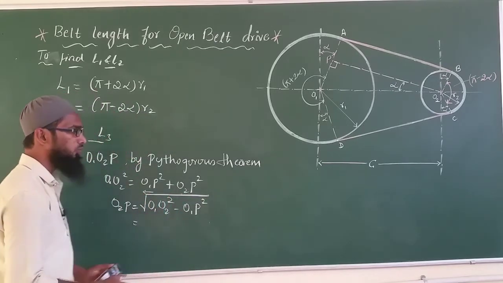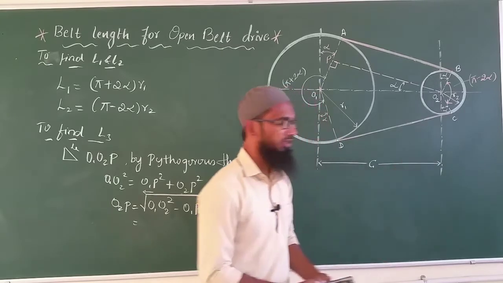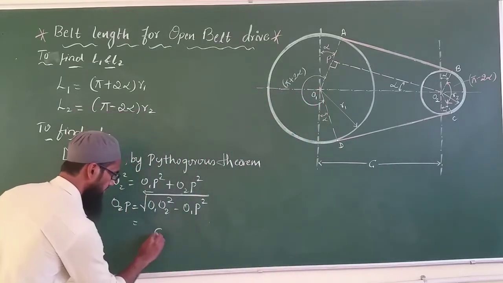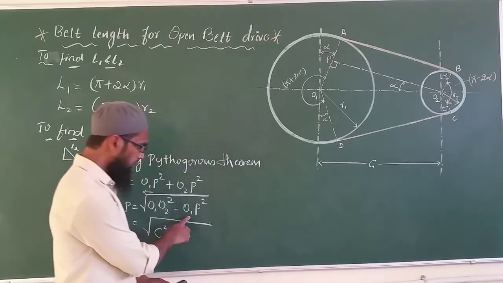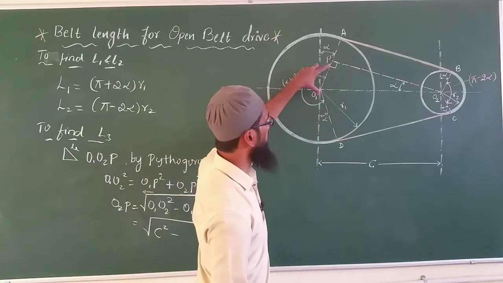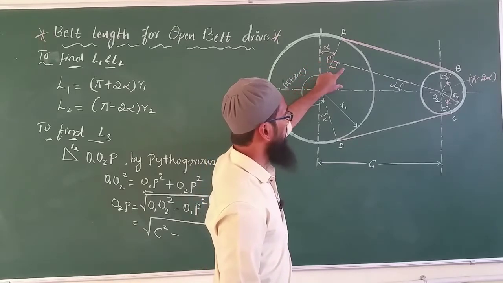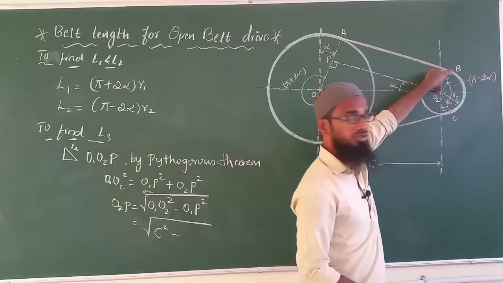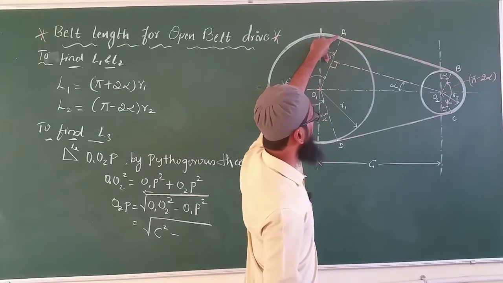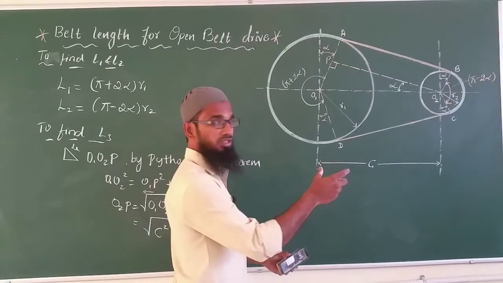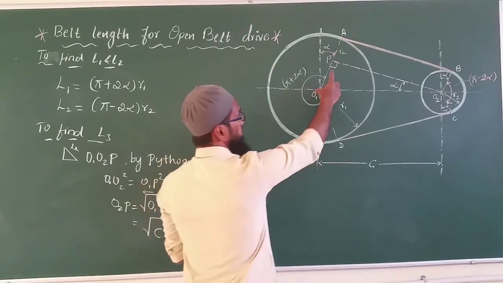O1 O2 is nothing but the center distance between the two pulleys, so O1 O2 indicates C. So I take C square minus O1 P square. O1 P is this length here. Since O2 B is nothing but our R2 value, the radius of the smaller pulley, it is the same as AP here. But I need to find out what O1 P is.